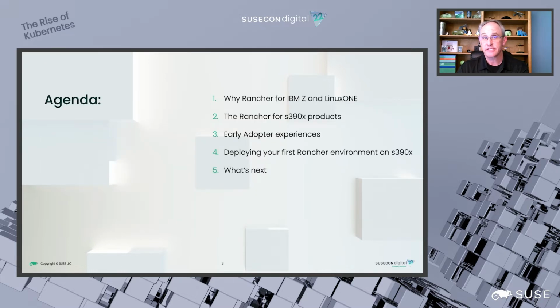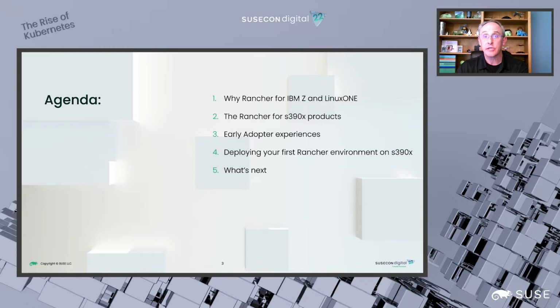Here's the agenda for this session. I will start with why Rancher for IBM Z and LinuxONE. Andrew Gracey will focus on the Rancher for S390X products. Just in case you do not know, S390X is the architecture designation for the IBM Z and LinuxONE servers, just like x86_64 is the designation for Intel-based servers.